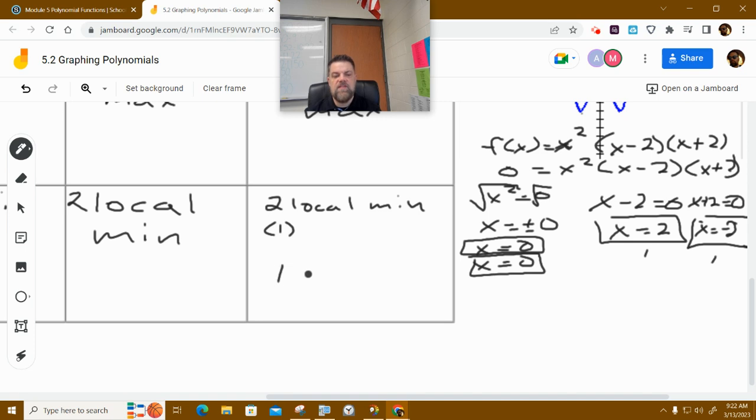And then you could think of the other one as a global min. And the reason I'm saying two, which is not correct, is that I want you to focus on the fact that we're looking for the turning points. Okay? That's what I really want you to focus on, is the turning points. And we define those as min and maximums.